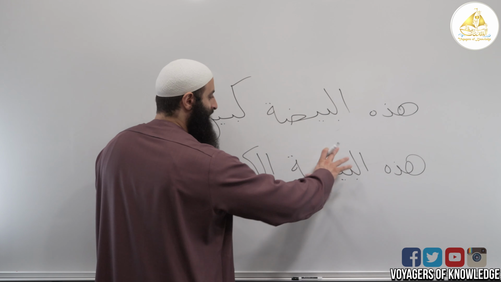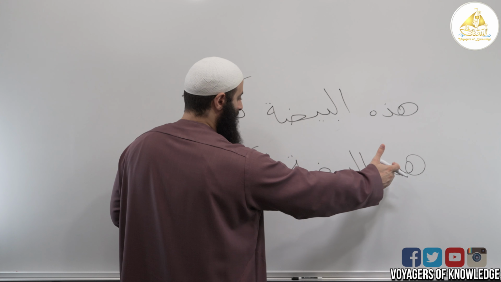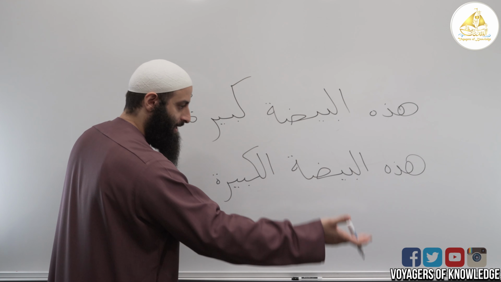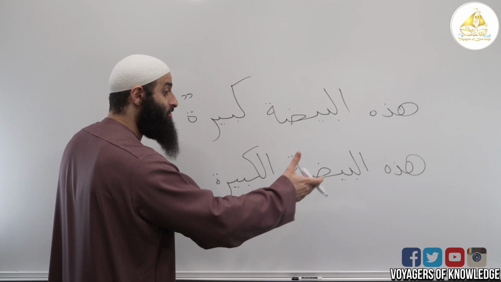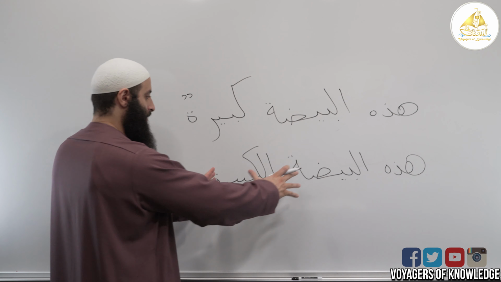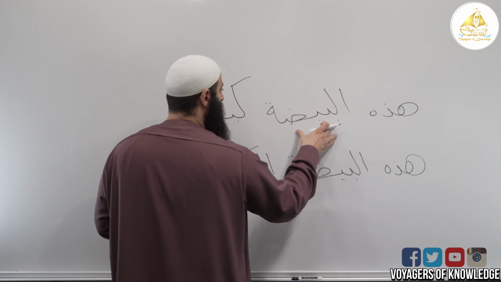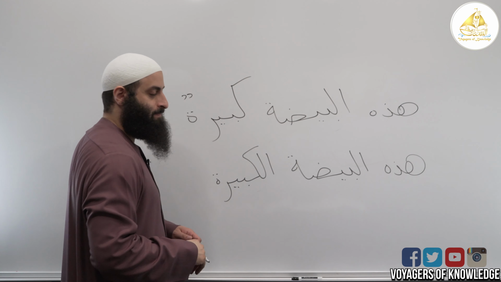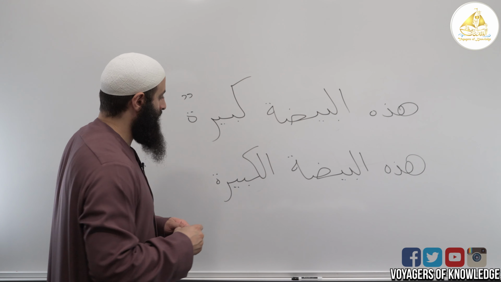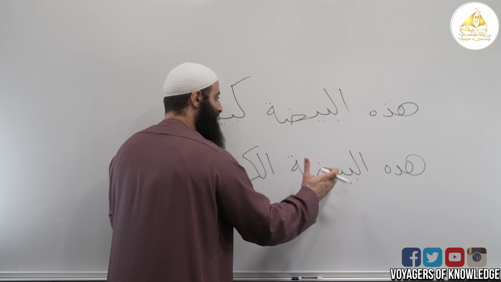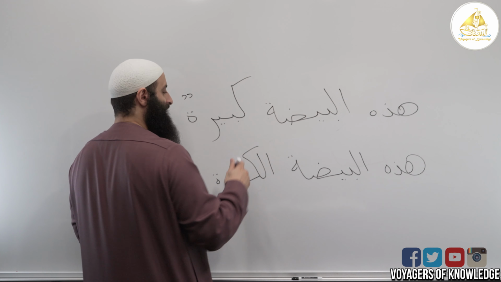It could mean both without changing anything. هذه البيضة الكبيرة. This big egg, or this is the big egg. This one here is different. This egg is big. And that's the difference here. If you make this a description by matching it with the word before it, it becomes a description. If it's this way, it's a statement.